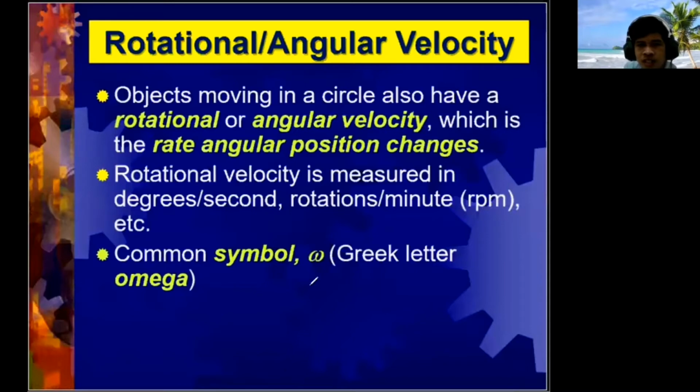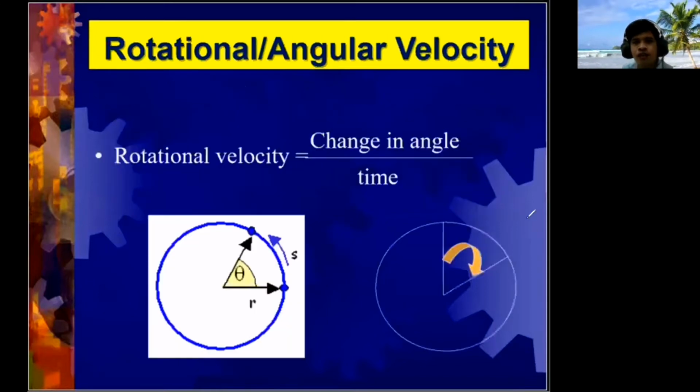And the common symbol is the Greek letter omega. That is the symbol, and this one here is the formula. Rotational or angular velocity is equal to the change in the angle over time, which means delta theta, where theta is the angle, over time.